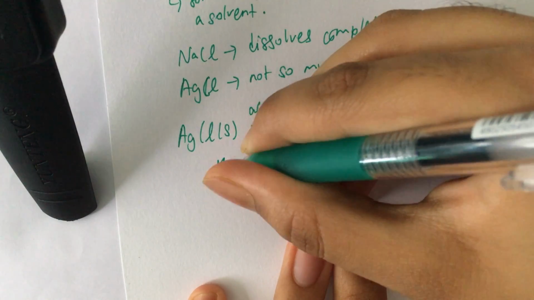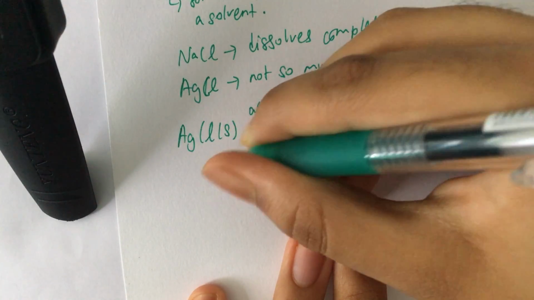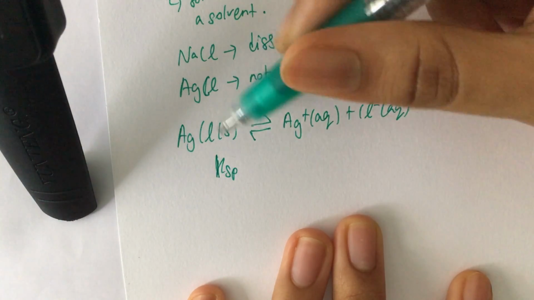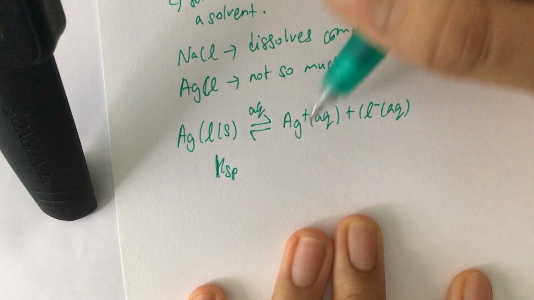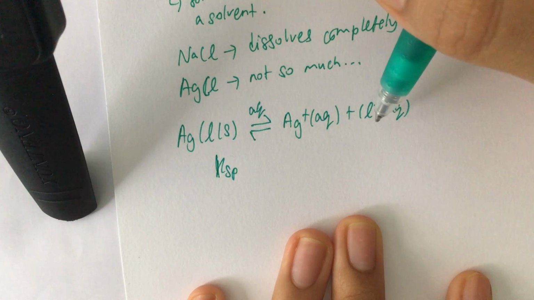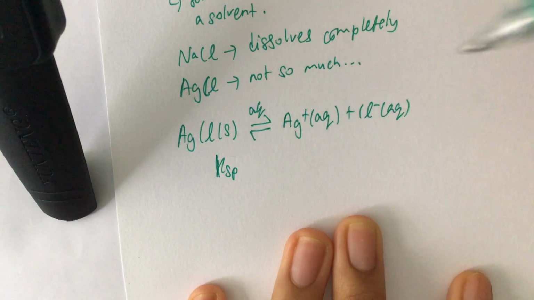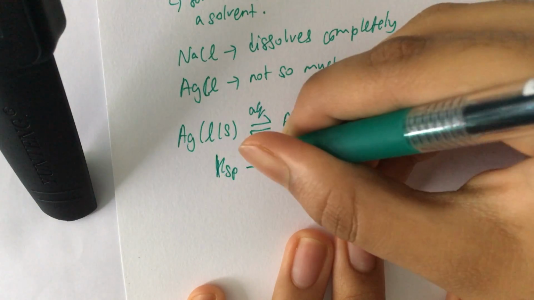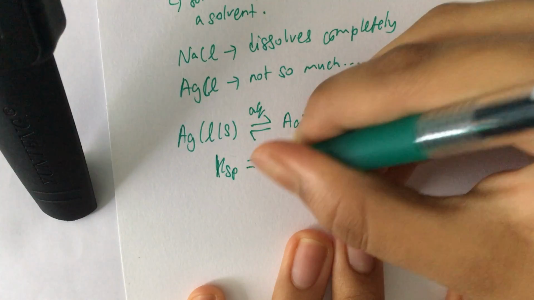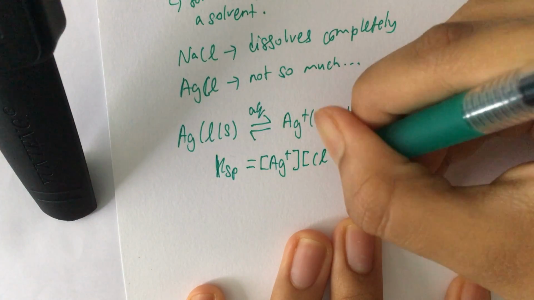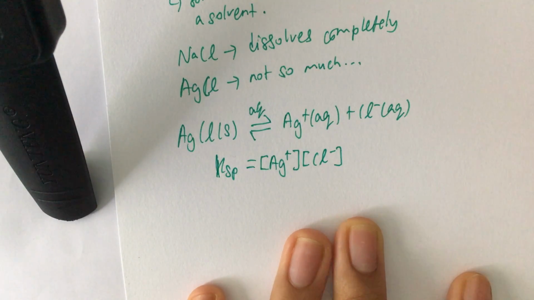So we write silver chloride on one side, draw the equilibrium arrow, and on the other side we put Ag+ and Cl- in aqueous state.